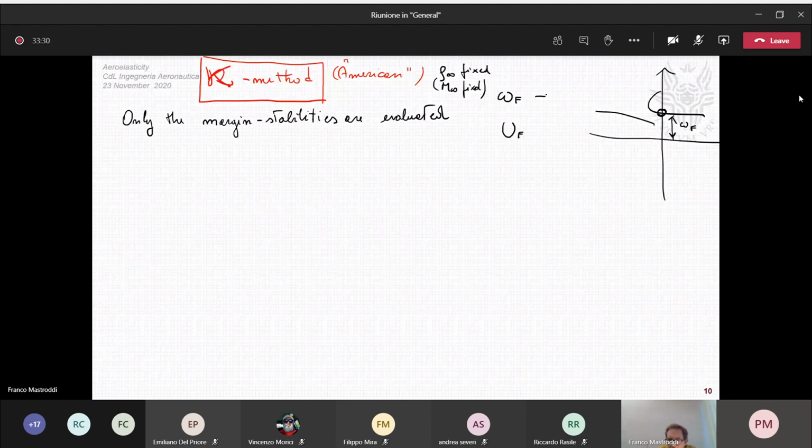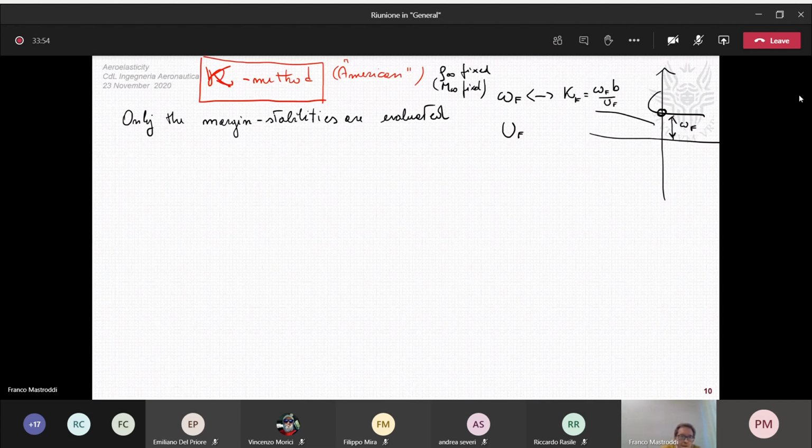So this omega and this U flutter are also determined by your critical reduced frequency, which is defined as omega flutter times b, the reference length, the half chord, divided by U flutter. Okay?